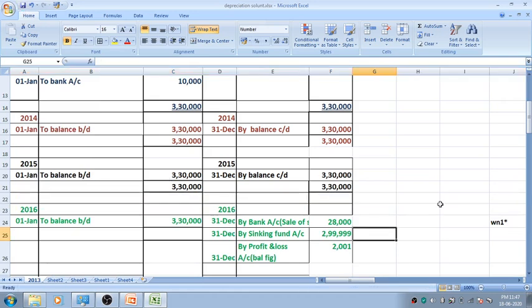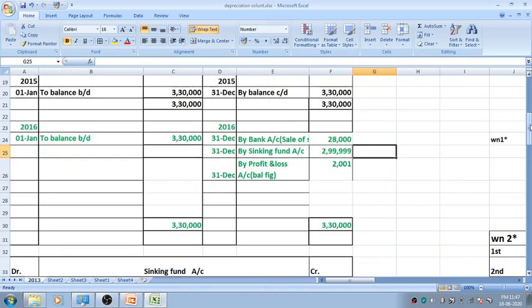So when we write for the 4th year, which I have marked in green for the last year, first we write the year in the machinery account, write the opening balance, but now don't write the closing balance because there are entries here. The first entry is because in the problem they said the machinery is sold as scrap for 28,000. Journal entry would be by bank account, that is for the sale, 28,000.